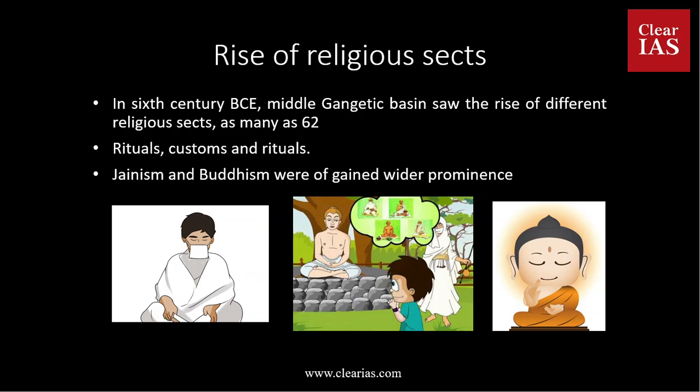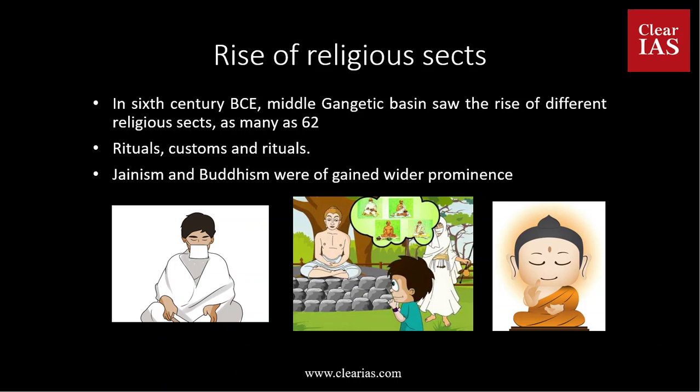And it was only during this time that we also see a whole new transition in terms of rituals and customs of various religious sects. For example, the Vedic rituals had evolved into a very complex structure, and it was only against this cultural backdrop that we see the rise of many more religious sects.